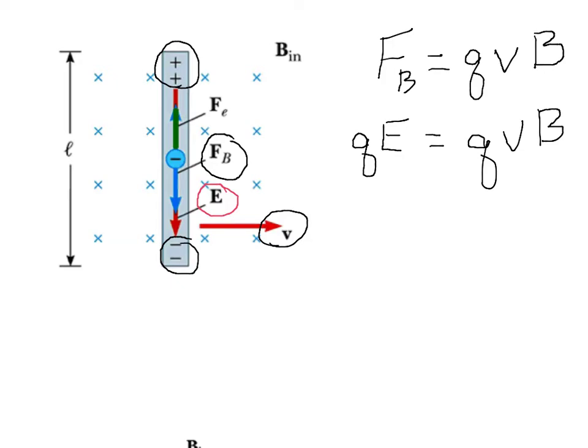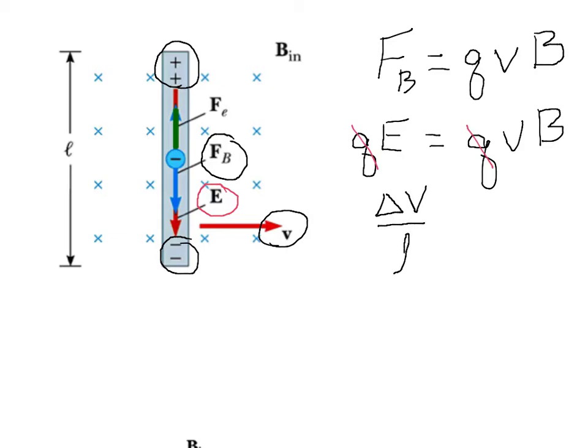So let's write an expression for this potential difference. First thing I'm going to do is cancel out these Q's. It shows us that the charges don't matter here. And then I want to remind you of an important relationship between electric field and potential difference. That relationship is that the electric field describes the potential difference across some separation.